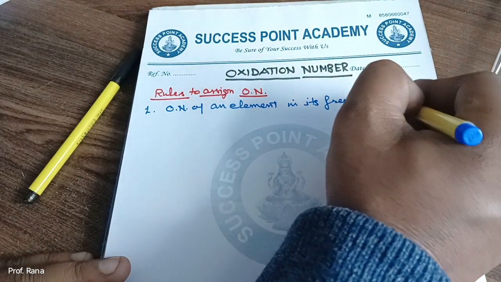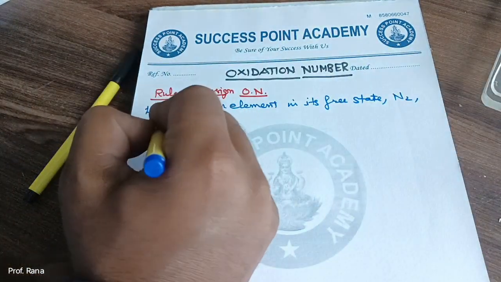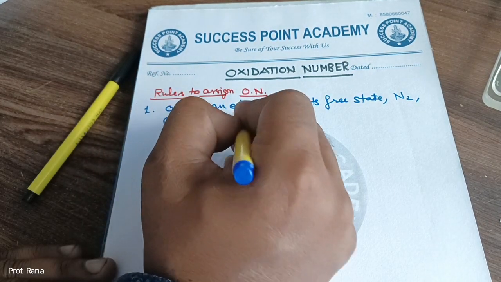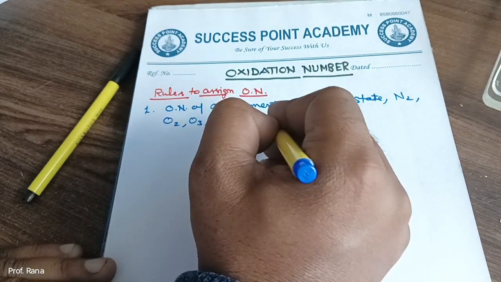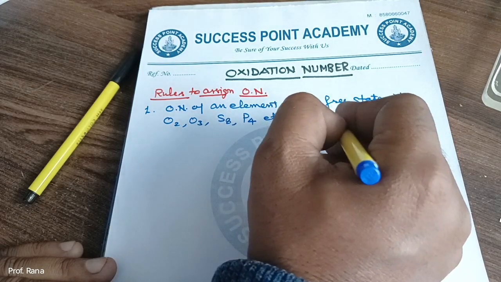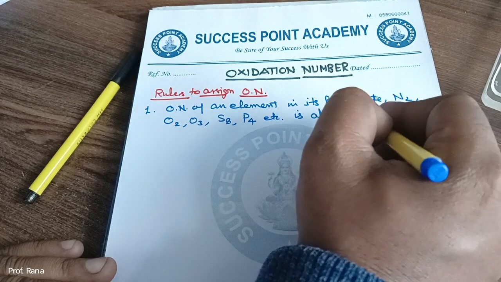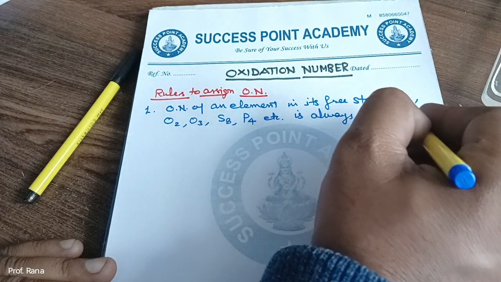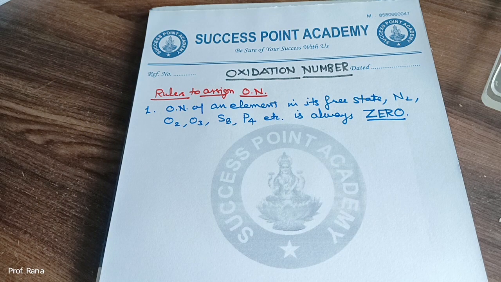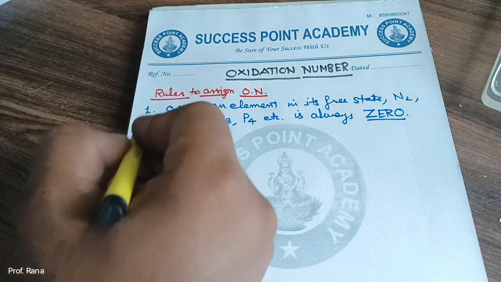For example, N2 for nitrogen, O2 for oxygen, O3 for ozone, S8 for sulfur, P4 for phosphorus, etc. It is always 0. Okay? Oxidation number of an element in its free state is always taken as 0.